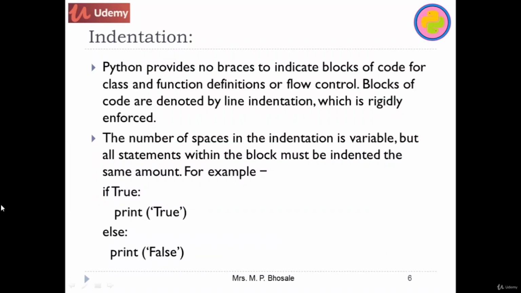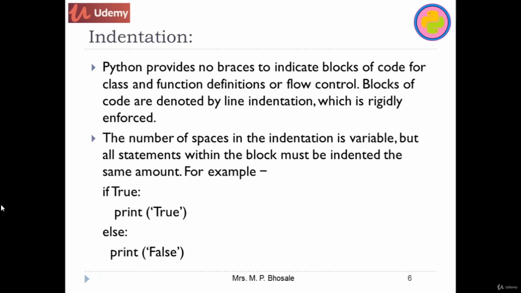Now talking about indentation. As I told you, Python provides no braces or curly braces like C or C++, and it has indentation only to show the blocks, or to run the code within the block. There is only the indentation which will show you the particular block.